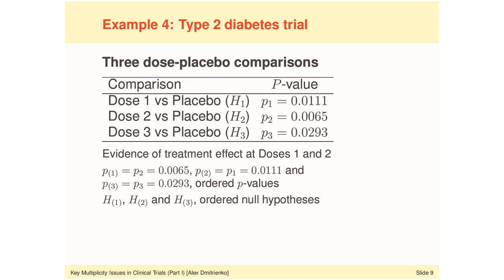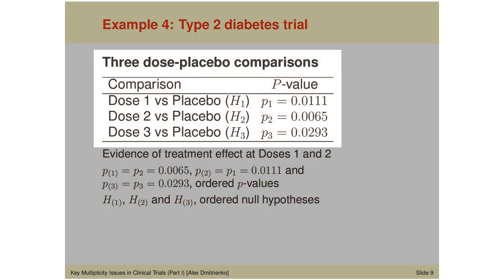We will use the following example, which is based on example 4, the type 2 diabetes trial we introduced in Module A, to illustrate and compare the Bonferroni and Simes procedures. The table that you see on this slide 9 defines the unadjusted p-values for each one of the 3 dose placebo comparisons in this clinical trial.